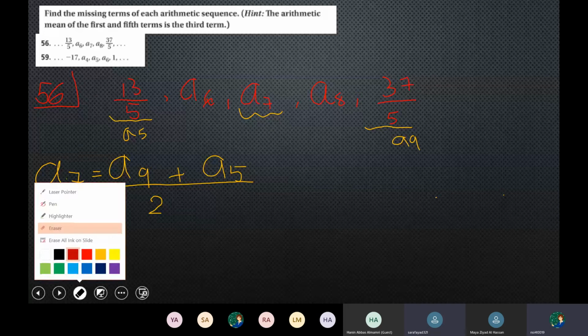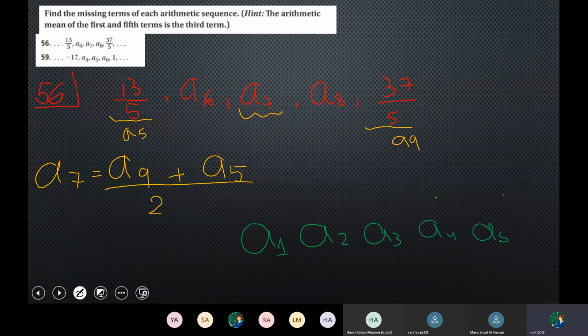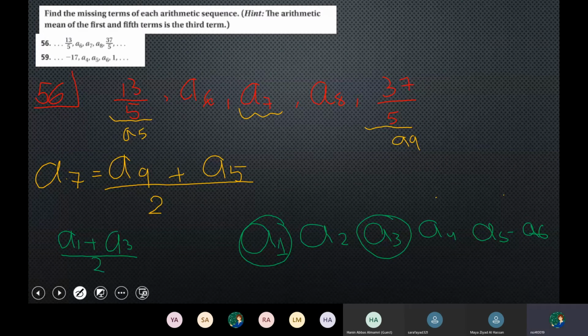Okay. Here in the arithmetic mean, if you have a1, a2, a3, a4, a5, and a6, if you add a sub 1 plus a sub 3, and I divide it by 2, which is the arithmetic mean, I can find the term that comes between them, which is a sub 2.